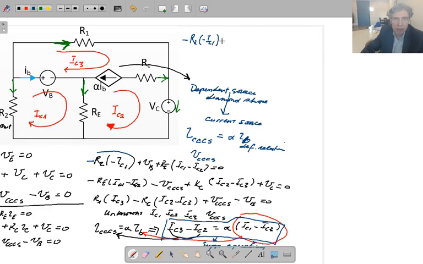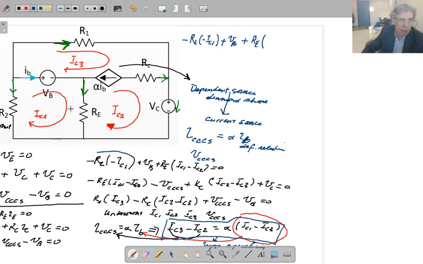And then plus VB, which is known, independent voltage source voltage, plus, this direction of this is the same as this mesh current. So plus RE times ERE. I'm not going to write ERE, I'm going to write ERE in terms of mesh currents. So there are two meshes related to this one, to make an open parenthesis.